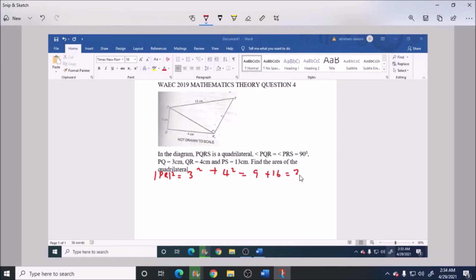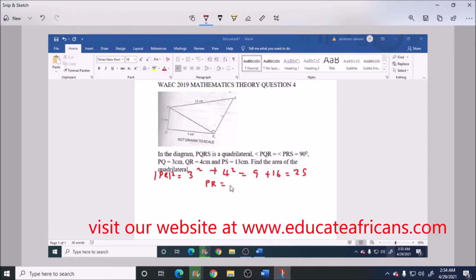Okay, so PR is equal to the root of 25, which is equals to 5 centimeter. Okay, now 3, 4, 5 are Pythagorean triplets.